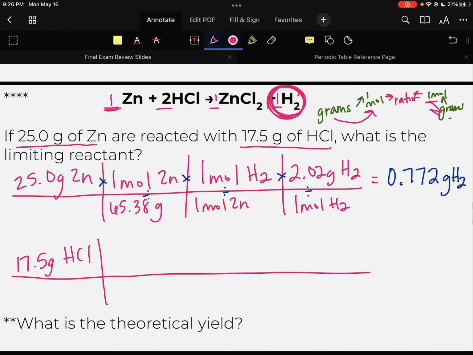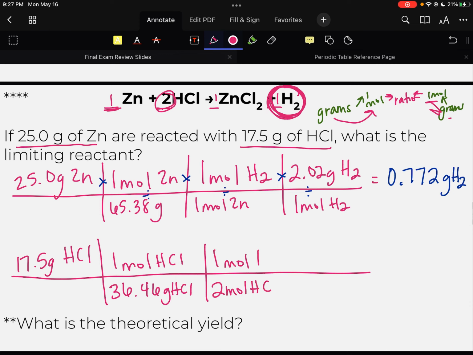So now I'm going to work the second reactant. So I have to find my molar mass of HCl, so I can look at my periodic table. And when I add up hydrogen and chlorine, we get 36.46 grams. And that's 1 mole. Now I can use my mole ratio. In this case, I have 2 moles of HCl for every 1 mole of hydrogen.